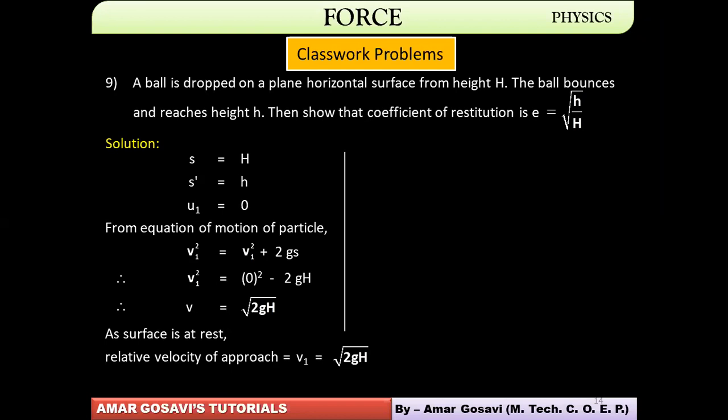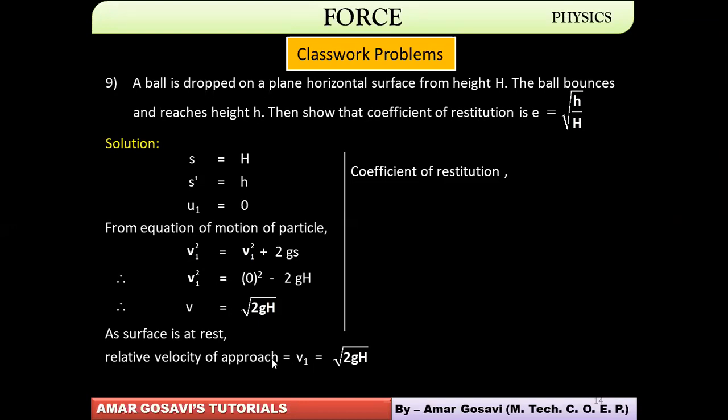Now once the collision takes place, in a similar way, for the relative velocity of separation, you use the same equation. You can get the final velocity will be 0 in that case, but the initial velocity will be something. The same thing can be derived as V2 equal to root 2g into small h.